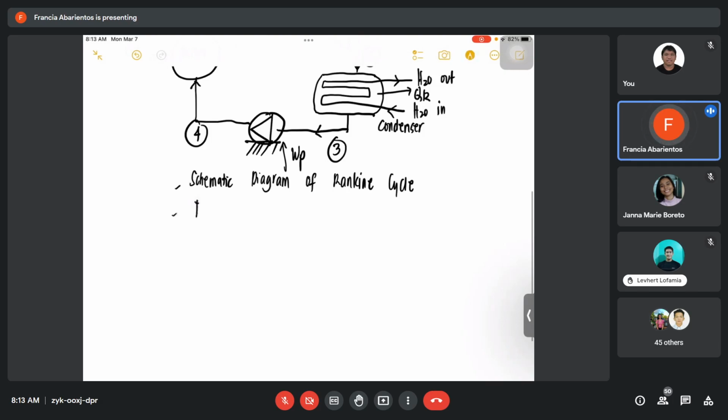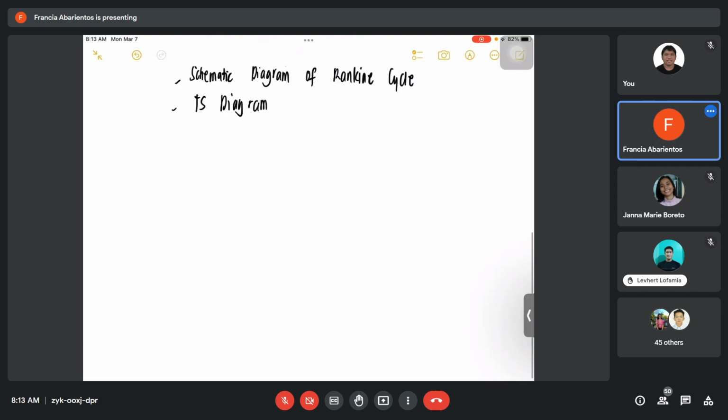Also, if we have the schematic, you will draw the TS diagram. Masyado bang mabilis si ma'am? Kasi 9:30 lang. Hanggang 9:30 lang. So, we have TS. Ano yung given sa atin, class?